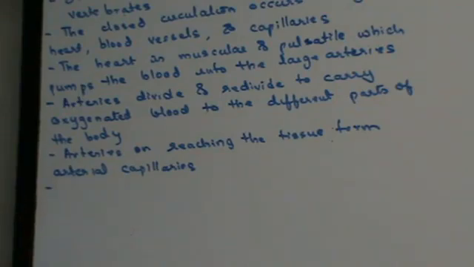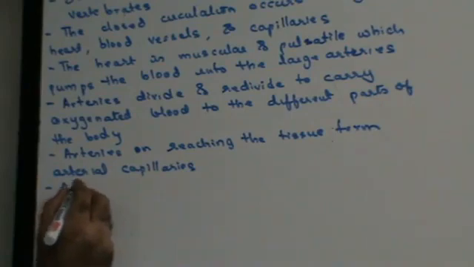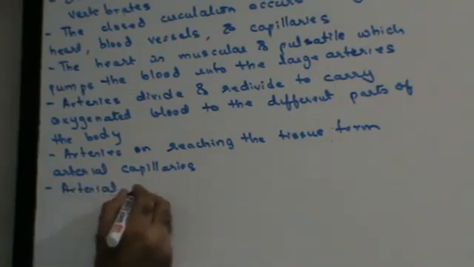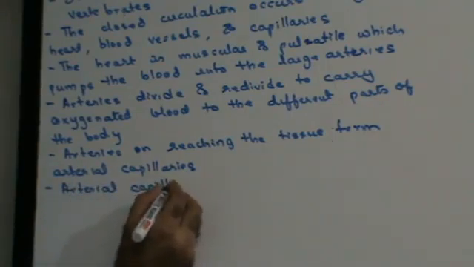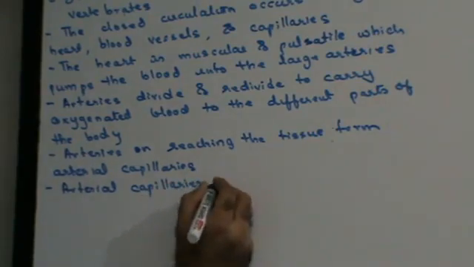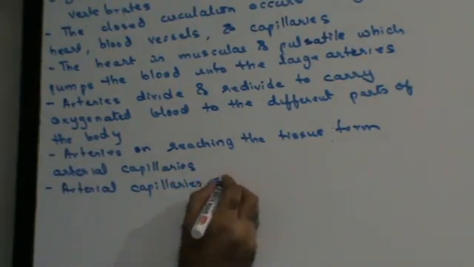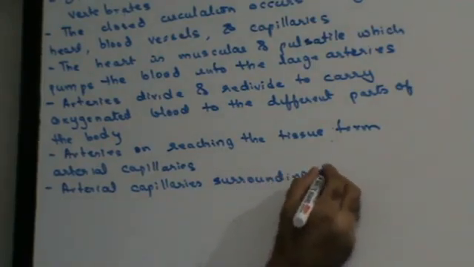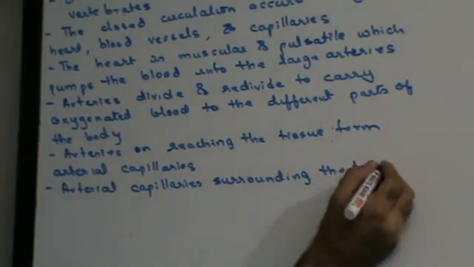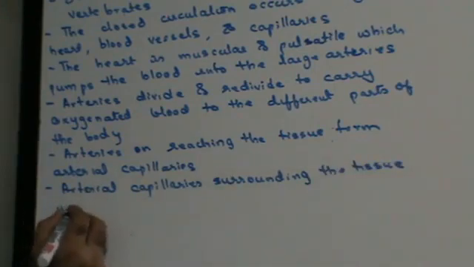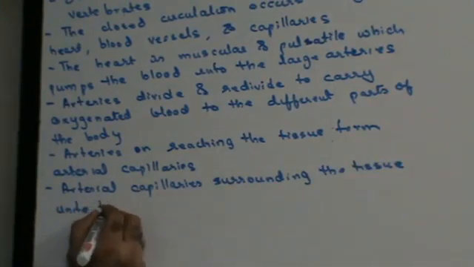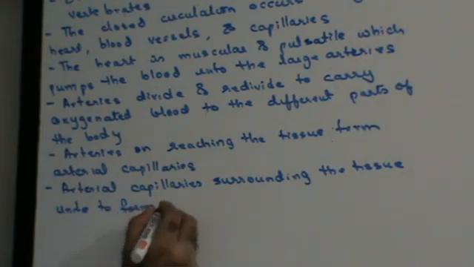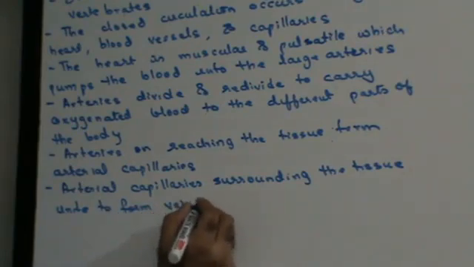Right? Arterial capillaries surrounding the tissue unite to form vein capillaries.